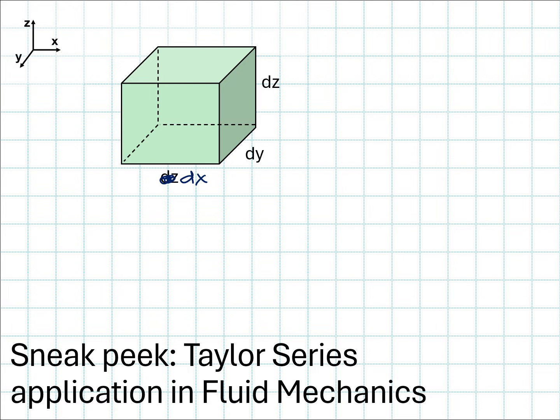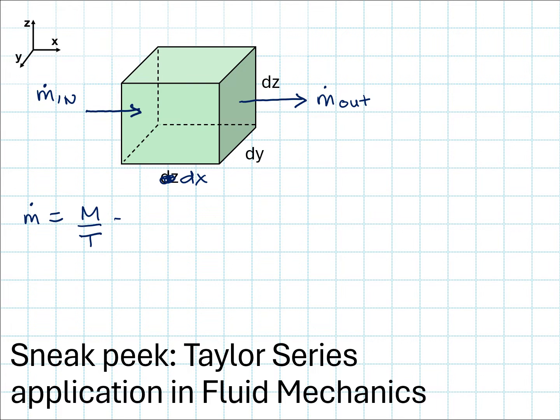And I've got a fluid that is coming into my cube domain through the left face, and it's flowing out through the right face. So I want to think about the mass flux that's coming into my flow domain and then going out here through the right. If I think about my term m dot, I know that the dimensions of m dot are going to be a mass per unit time.